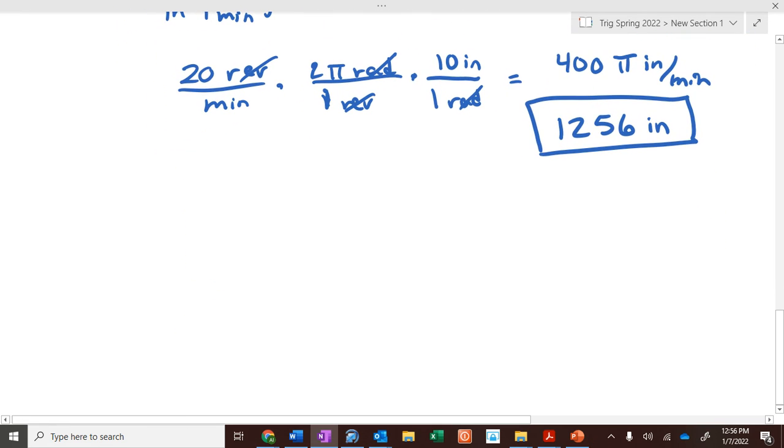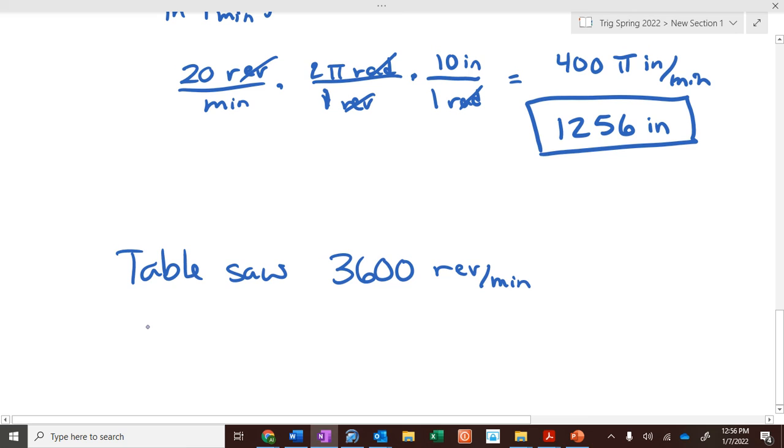So that's the basics of what we're doing today. Now, let's say we have a table saw whose blade runs at 3,600 revolutions per minute. We want to know the linear velocity in miles per hour.